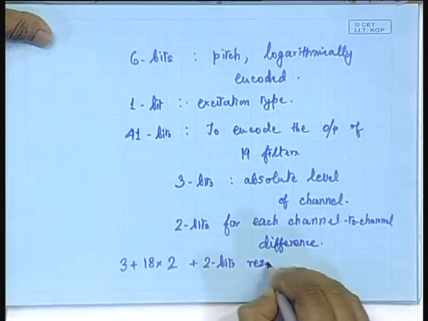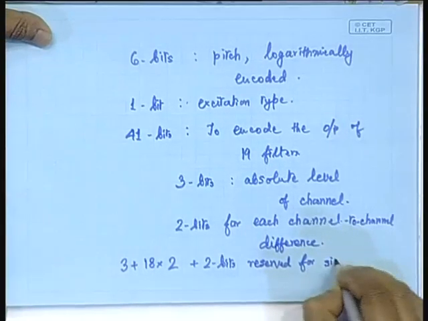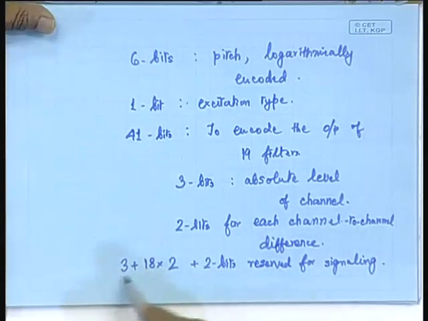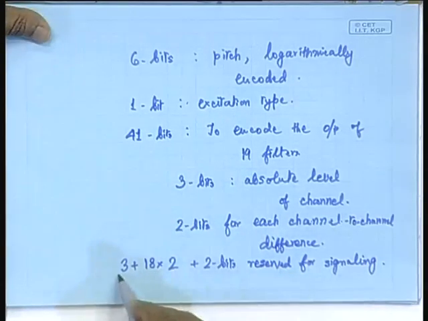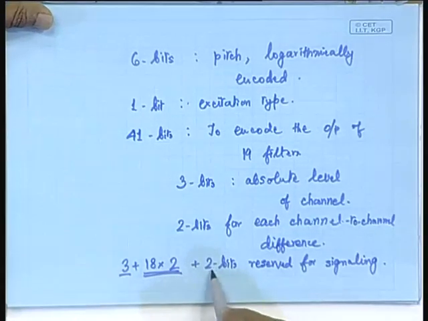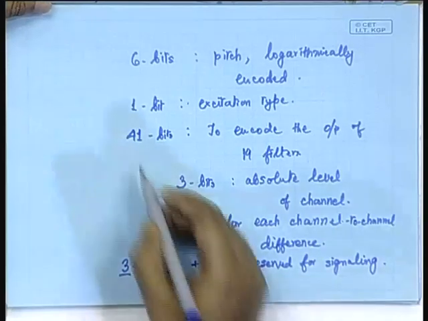So in all we have 3 plus 36 plus 2 bits for signaling, a total of 41 bits.